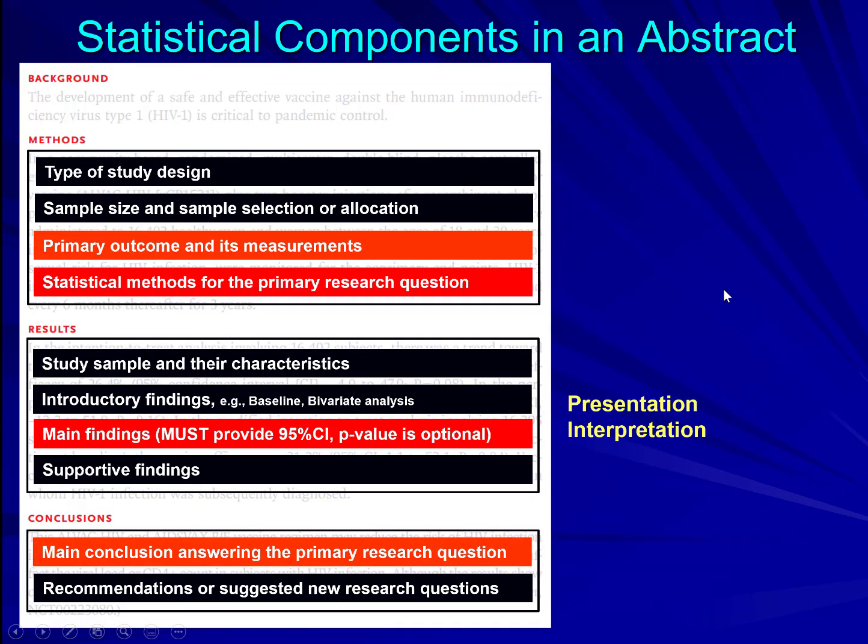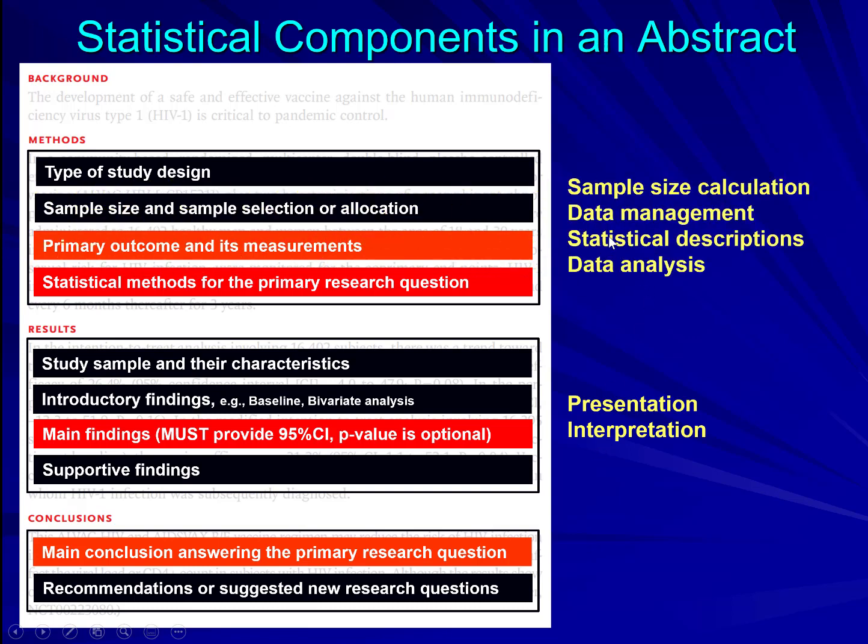In statistics, these components are about data presentation, the results. The interpretation is here in the conclusion. And the method section is about sample size calculation. We will cover it in another lecture.